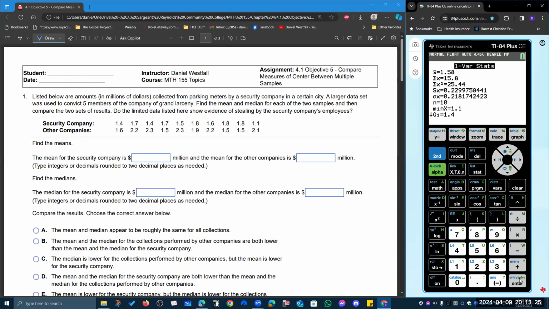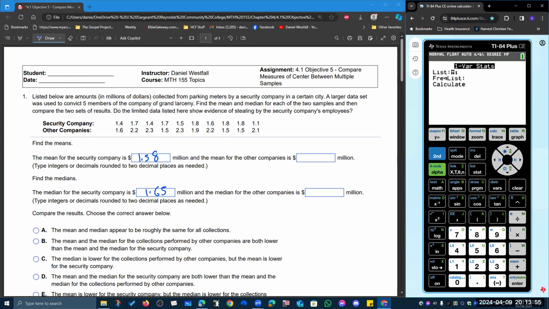So we're going to look for the mean here, which is going to be $1.58 million. And we're going to look at the median for this company, which is 1.65 million. And now we're going to stat calc one variable statistics.